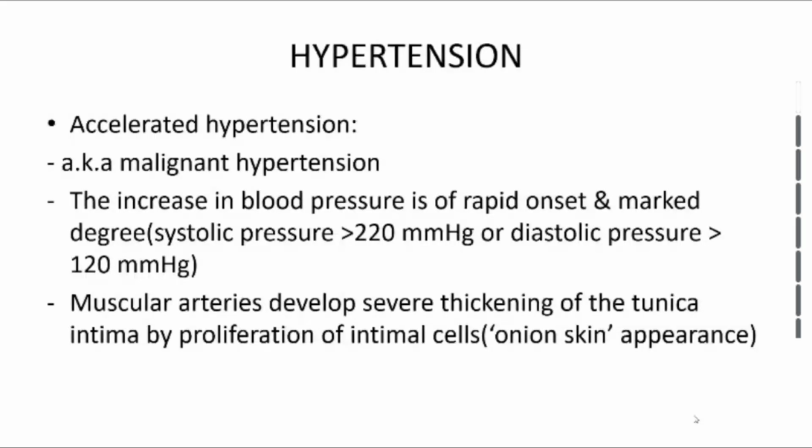You know how the onion is. If you are to peel the onion, there are layers. Mostly, of course, we are talking about the rounded onion, which I think is the one we mostly have. If you cut it, you see there are layers. So the tunica intima will appear like it is layered. That is what we're talking about, onion skin appearance.